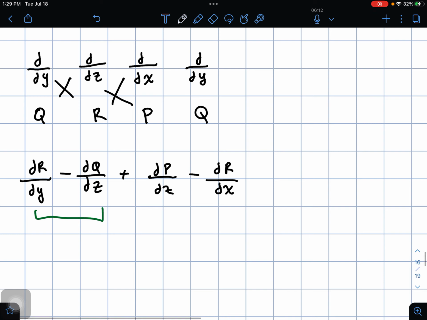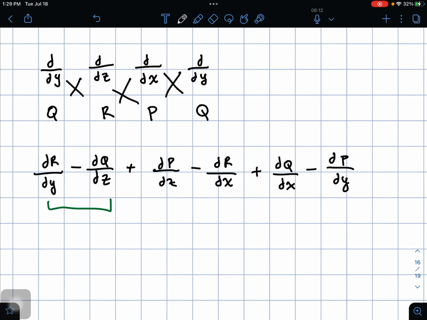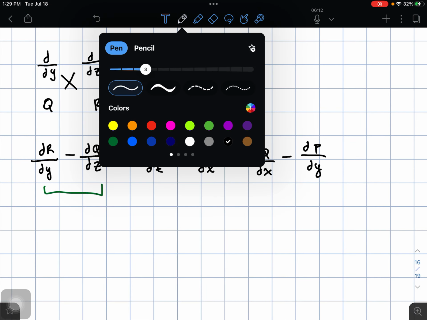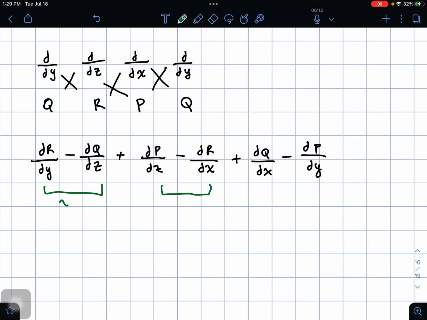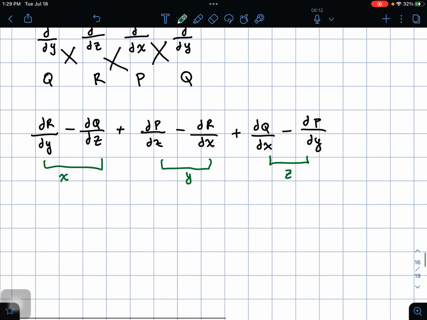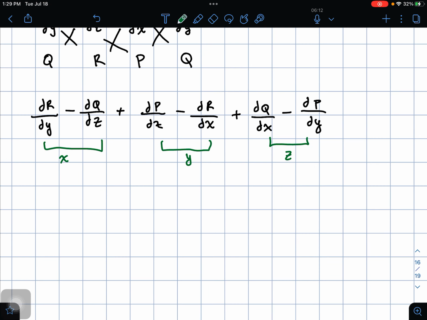Then we have del Q del x minus del P del y. Okay, so that's our cross product right here. So this is x, this is y, this is z. And basically we're going to see, does it equal 0? And if it's 0, that means it's conservative.